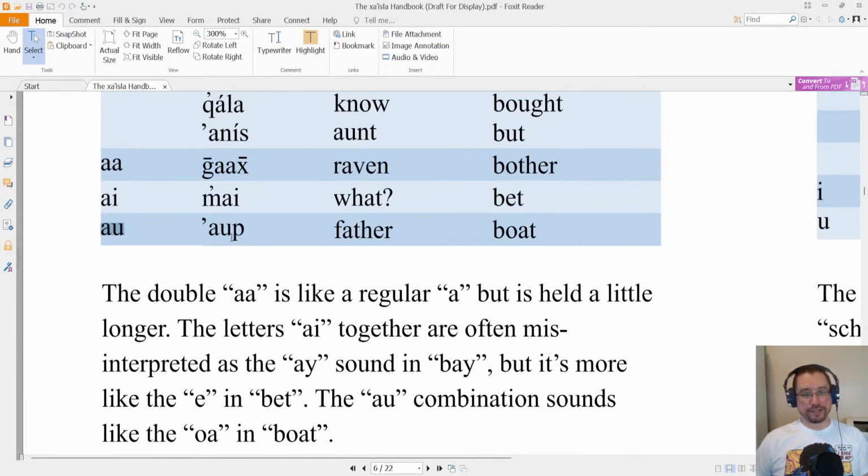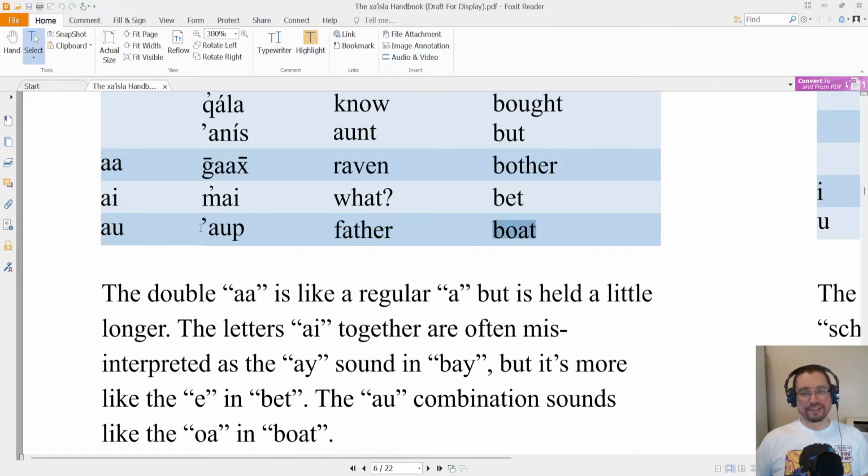Then we have AU, and the word here is op. So you notice that I'm saying op, it's not oh-p. Op means father in xa'isla, and the closest word that I could think of is boat.